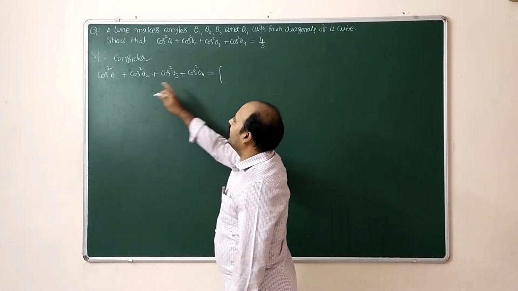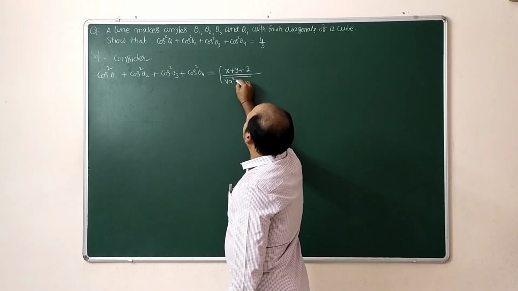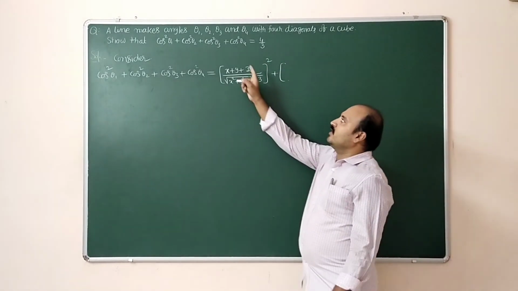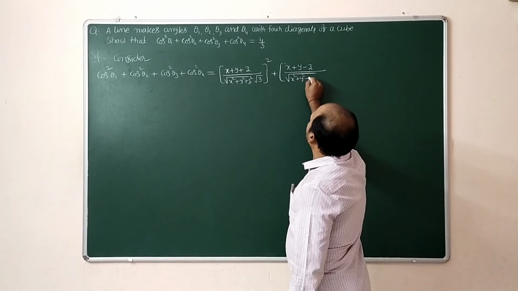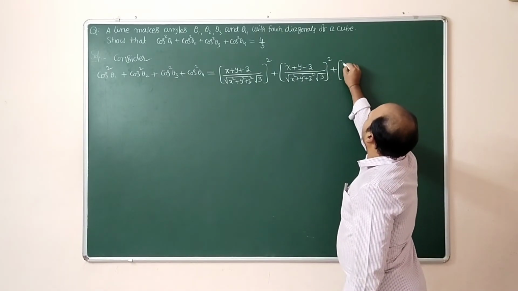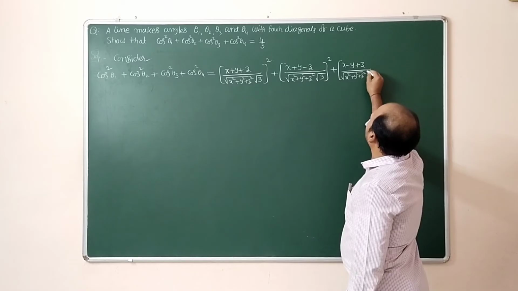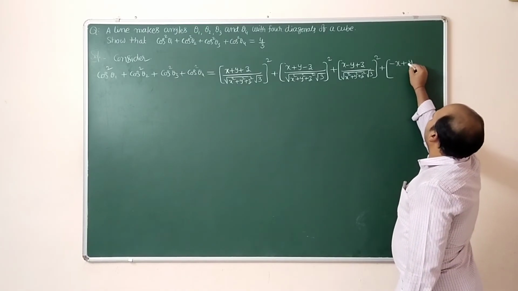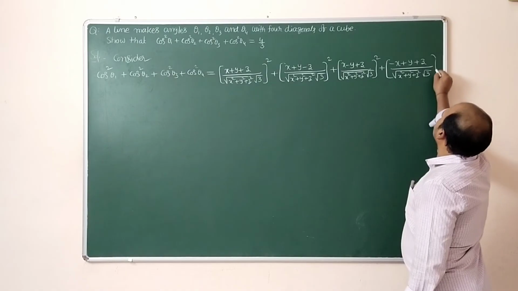We know the value of cos theta 1 whole square. Cos theta 1 value is x plus y plus z divided by root of x square plus y square plus z square into root 3 whole square, plus cos theta 2 value, where the last one is negative: x plus y minus z by root of x square plus y square plus z square into root 3 whole square, plus x minus y plus z divided by root of x square plus y square plus z square into root 3 whole square, plus minus x plus y plus z divided by root of x square plus y square plus z square into root 3 whole square.